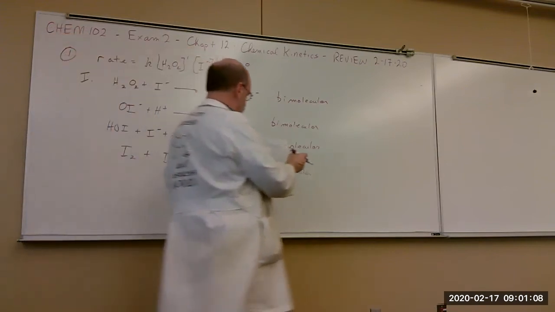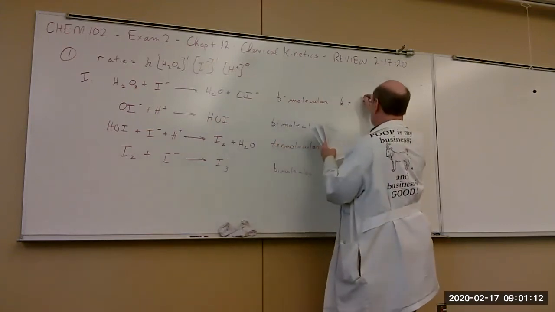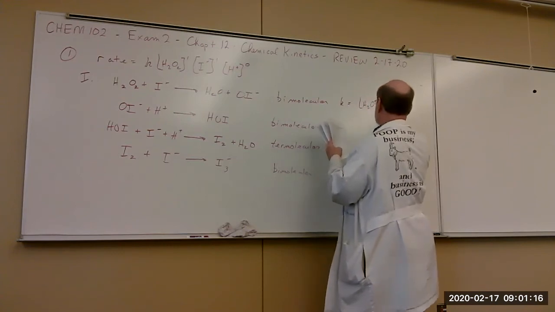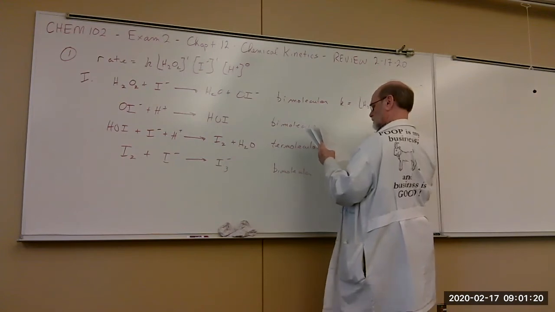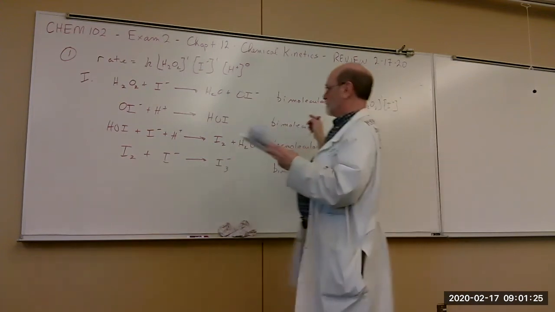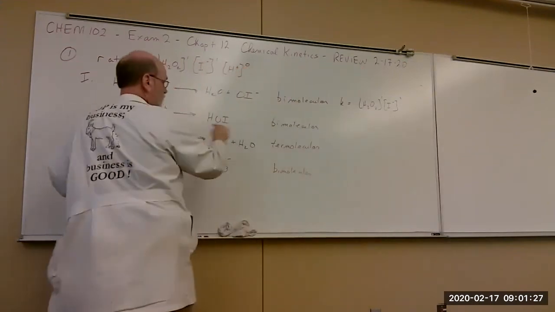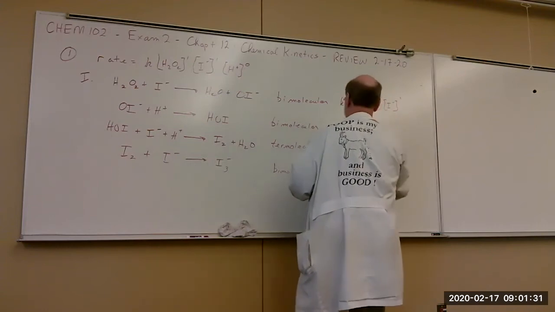But if we write the rate for each of these steps, then this one would be like that, bimolecular. So each one of these is 1 and 1.